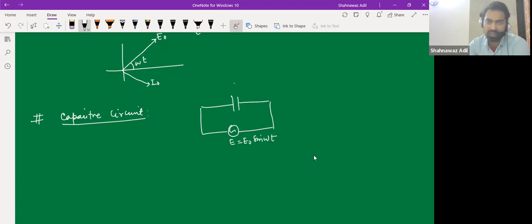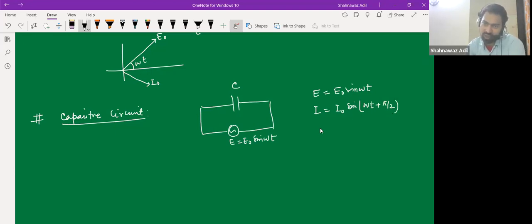The voltage was this, and the current was I naught sine omega t plus pi by 2.